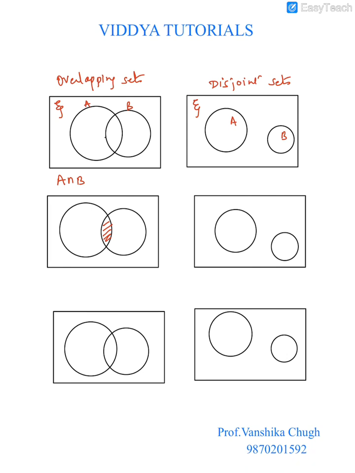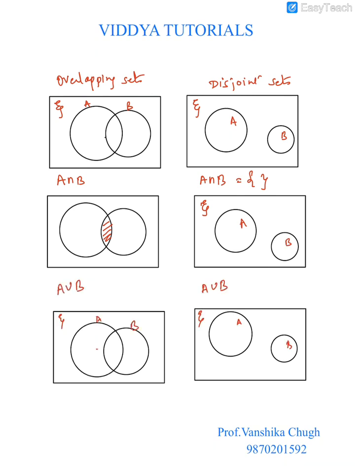But in case of disjoint sets, there will be no A intersection B because there are no common elements. It's an empty set, so there will be no shaded region in a disjoint set. The diagram remains the same.